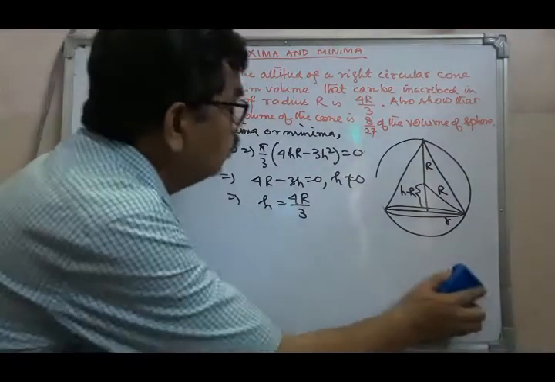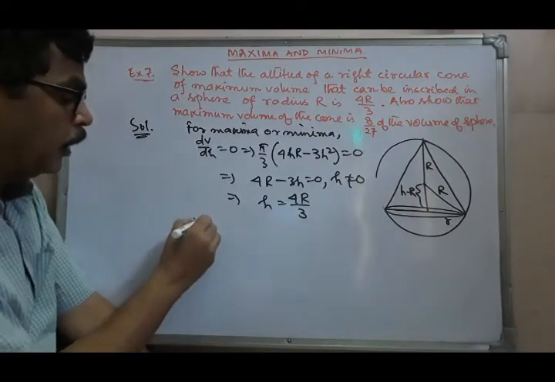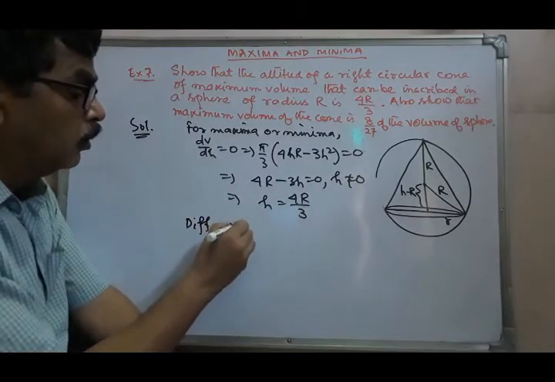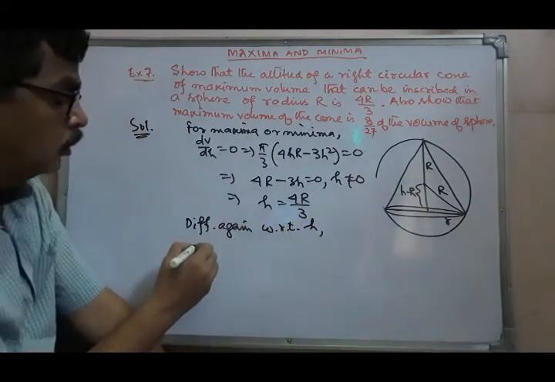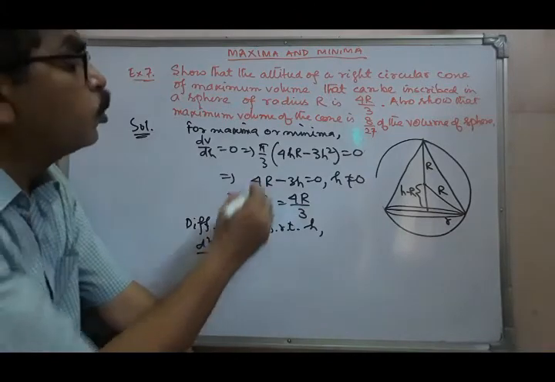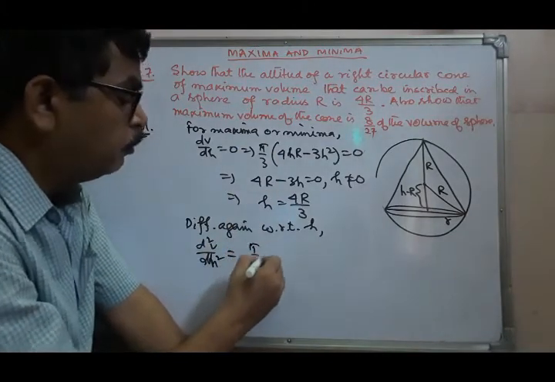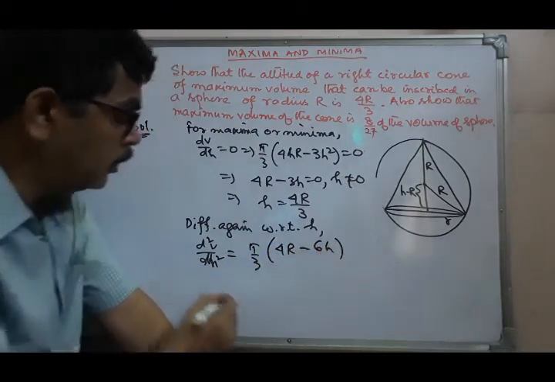So now, differentiating again with respect to h, d square V by dh square equal to pi by 3 into (4 capital R minus 6h).